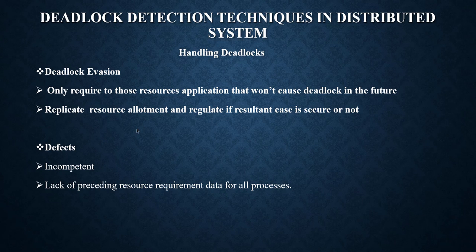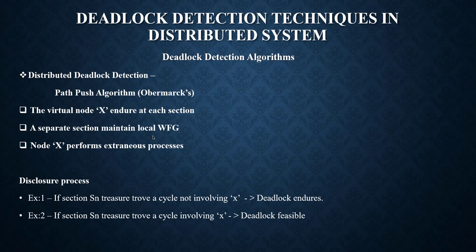As I said, deadlock avoidance has two defects: it is incomplete and lacks advance knowledge of the resource requirements of processes. For example, in this slide there is the path-pushing algorithm, which uses a virtual node, and the WFG is separately maintained.